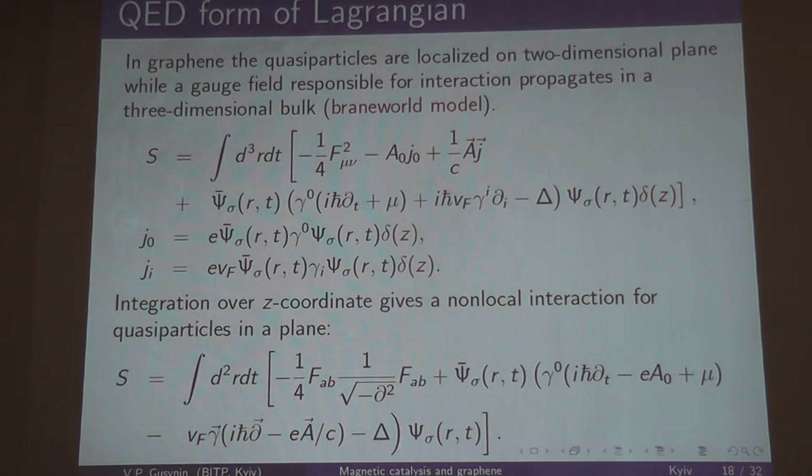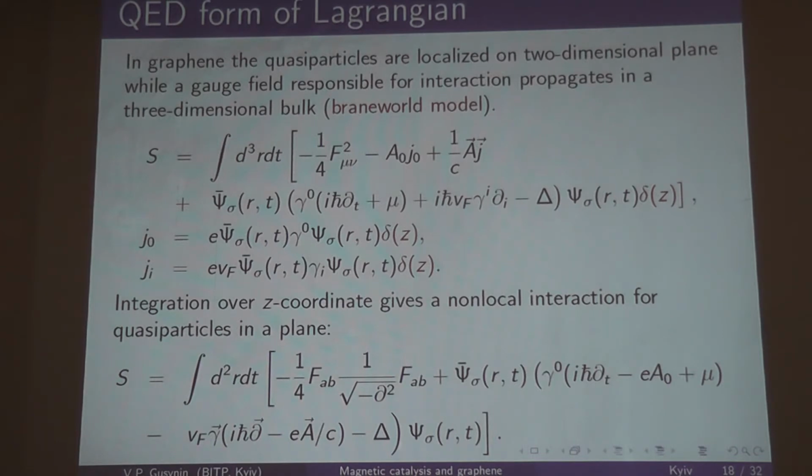Another connection is between condensed matter physics and what people are doing now in high energy physics. They study different kinds of models which present our world as some brane in a world which has higher dimensions. So we have some kind of branes. Actually, graphene can be considered from this point of view.